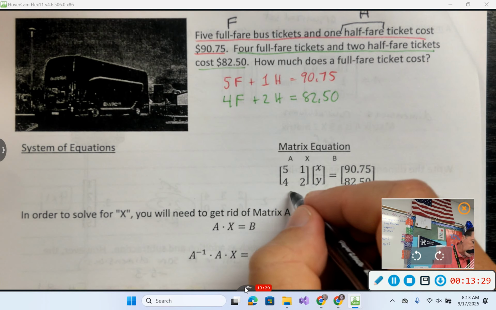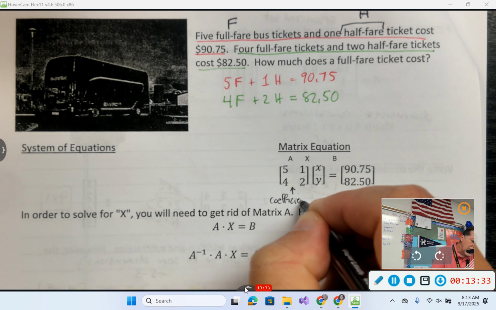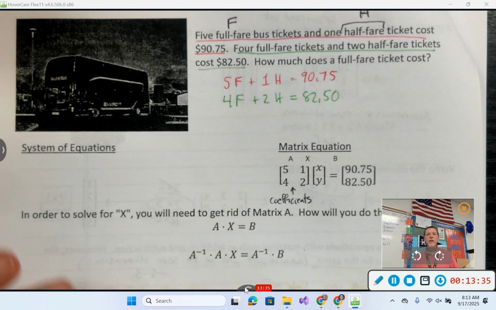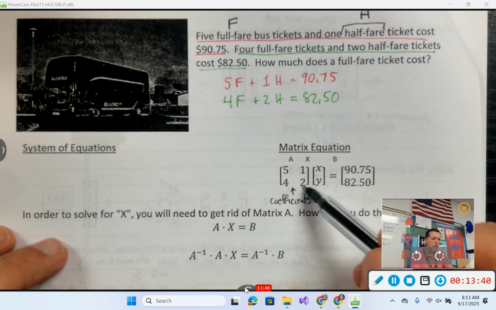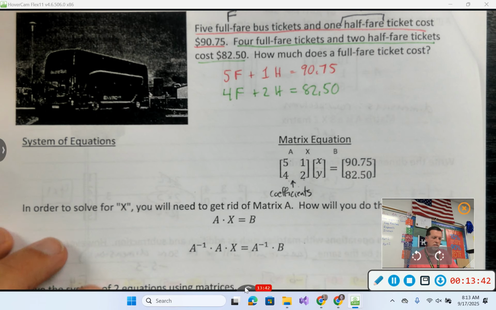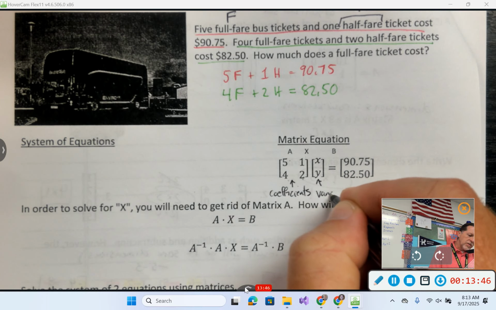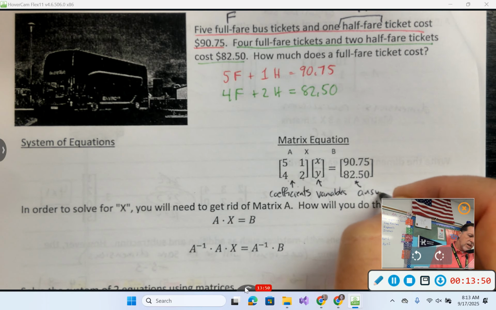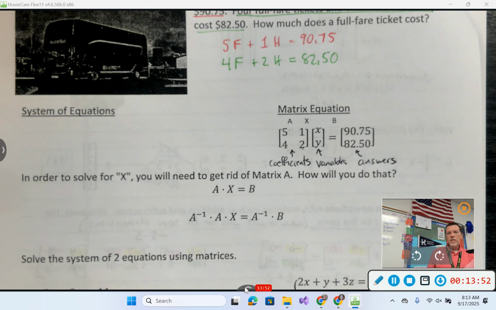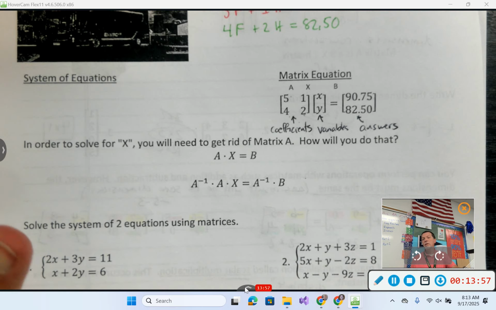All you have to do is grab the coefficients, as long as everything's neat and in order. There's the 5 and the 4 and the 1 and the 2. And then your next column matrix is the variables. And then there's your answers. And in a moment, we're going to use the calculator to solve that for us.